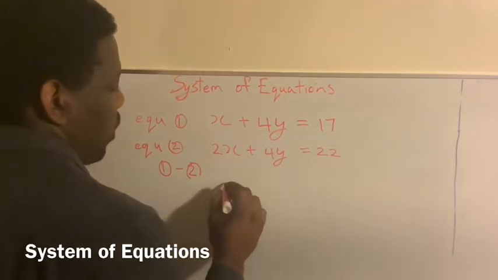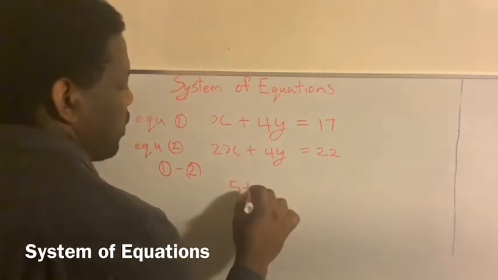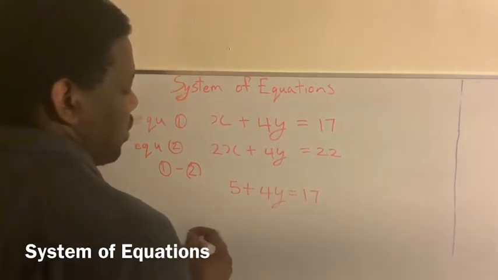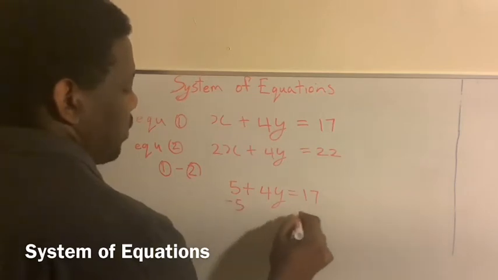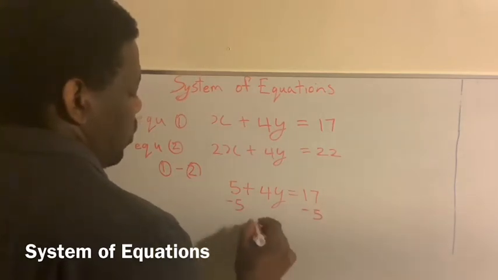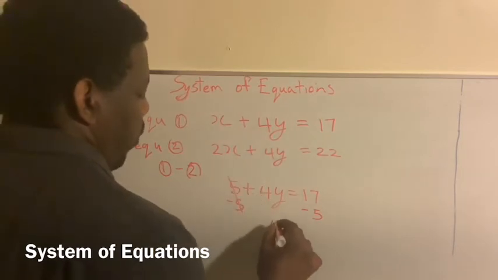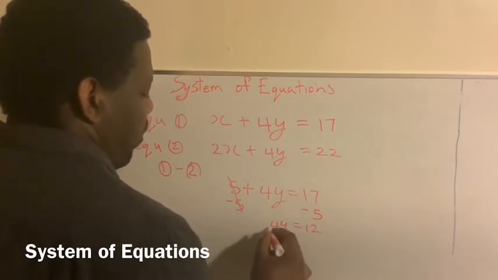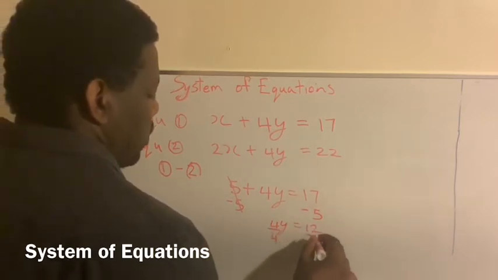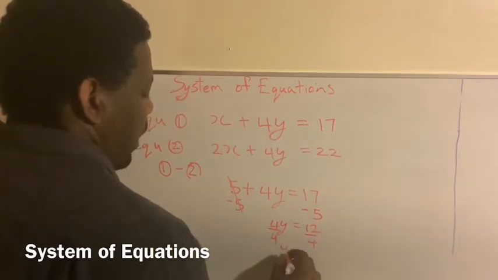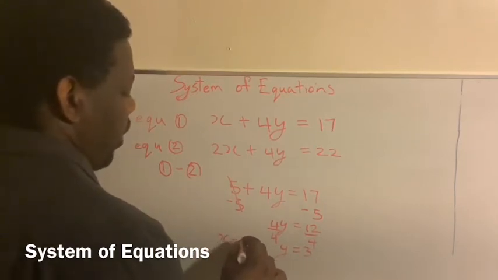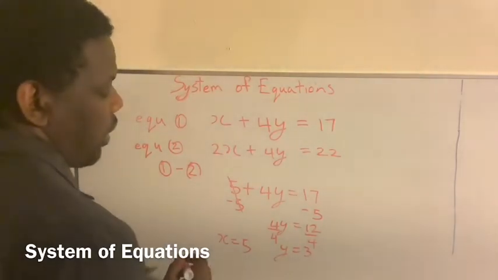So 5 plus 4y is equal to 17. We subtract 5 on each side. So this cancels. We have 4y is equal to 12. We divide by 4 on each side. So we get y is equal to 3. So our solutions, x is equal to 5 and y is equal to 3.